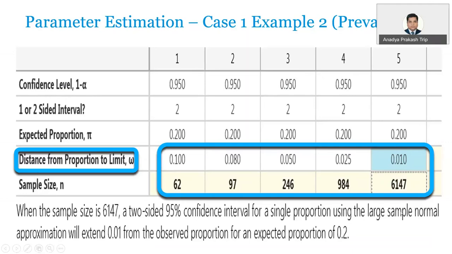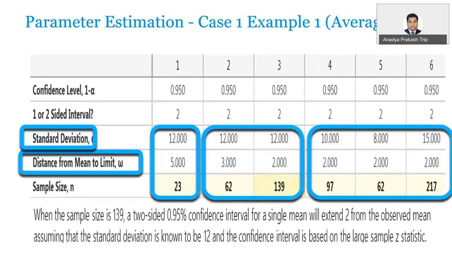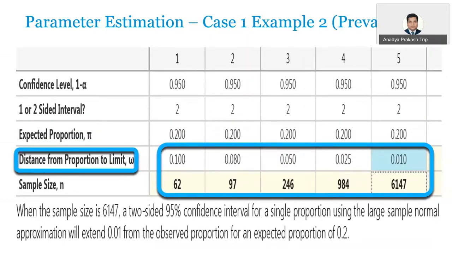In the same case, I would like to explain with another type of scenario. So this is the computed sample size. If you want to do the research on height, these are the computed. In a prevalence, these are the computed.